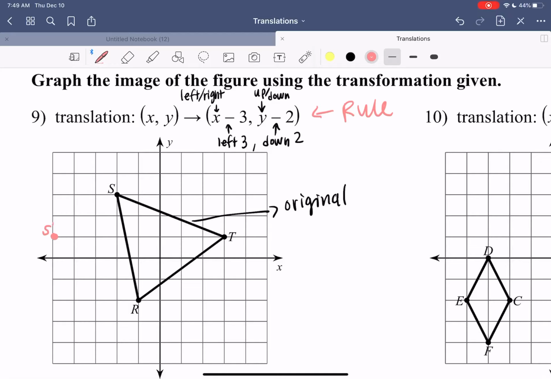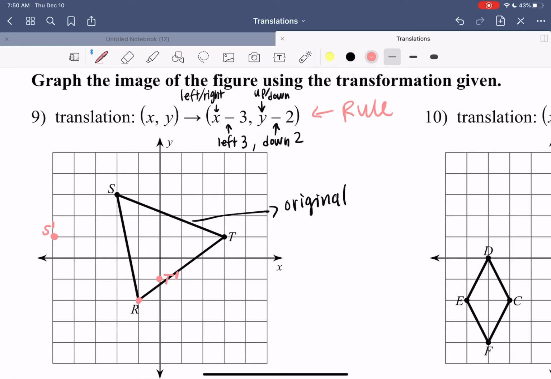We have to add the prime because it's in a new location. And then we're going to take our T, because we have to move the entire shape. We're going to take this T and move it left 3, 1, 2, 3, and down 2, 1, 2. So again, new location, so now this becomes T prime.